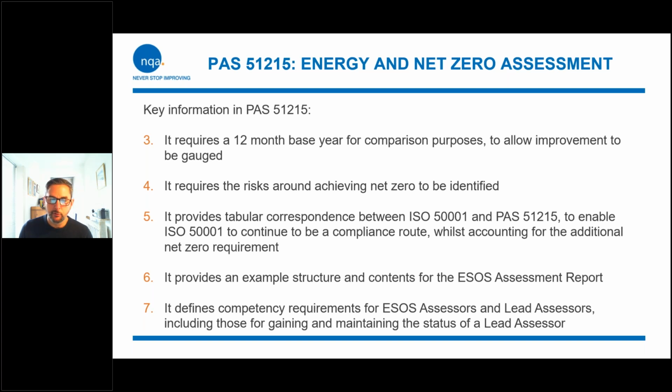The PAS document also requires the risks around achieving net zero to be identified, and there's a nice little table at the back which provides a cross-reference between the requirements of ISO 50001 and the PAS document itself, PAS 51215. So that's intended, I think, to enable ISO 50001 to continue to be a route to compliance for ESOS, whilst also accounting for the additional net zero requirement.